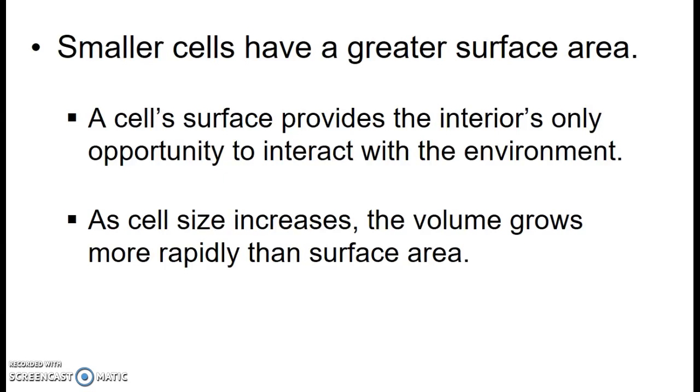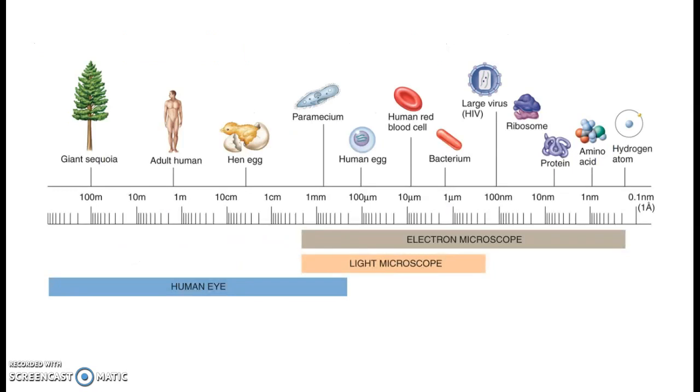And so as cell size increases, the volume increases more rapidly than the surface area. And so that's another thing that makes larger cells less efficient, is that they have a lower surface area to volume ratio.